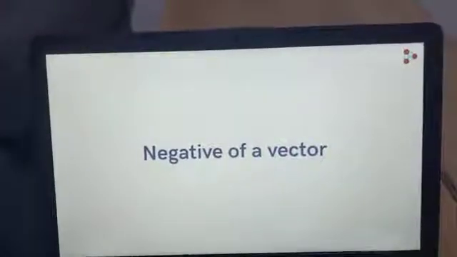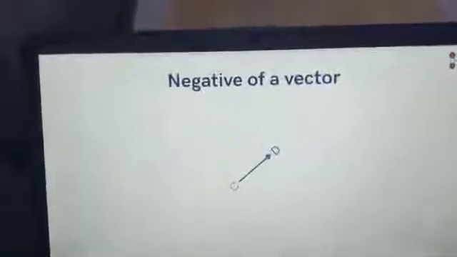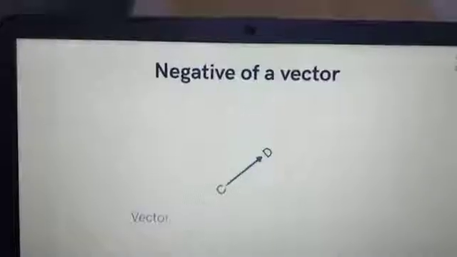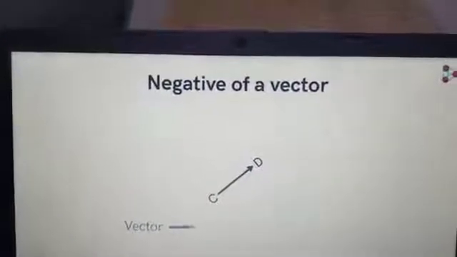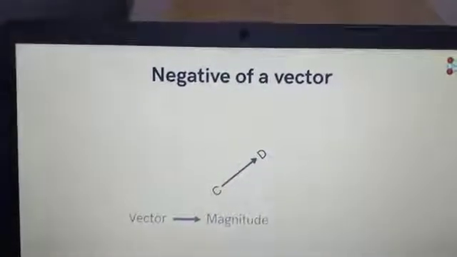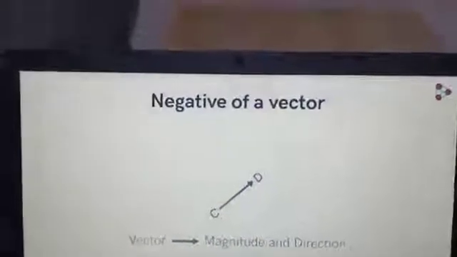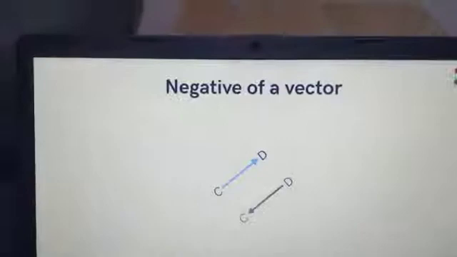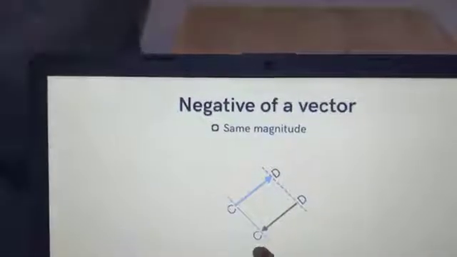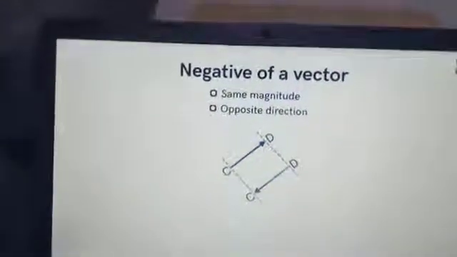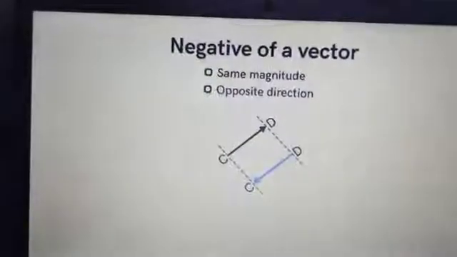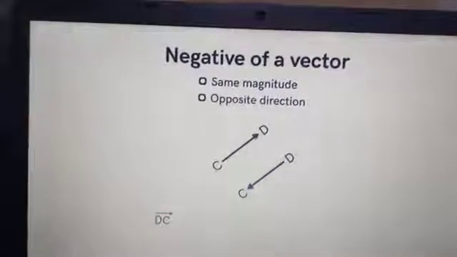Negative of a vector. The negative of a vector has the same magnitude but is opposite in direction to that vector. You see, this is CD. Now this is the negative of the vector CD, the same magnitude but opposite direction.